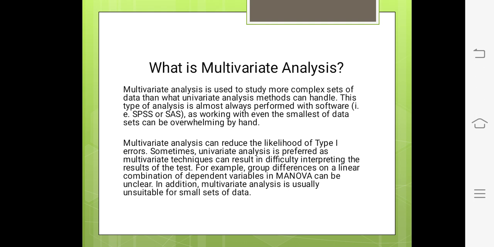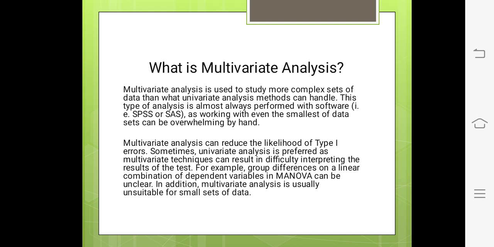This type of analysis is almost always performed with software, SPSS or SAS, as working with even the smallest of data sets can be overwhelming by hand. Multivariate analysis can reduce the likelihood of type errors.